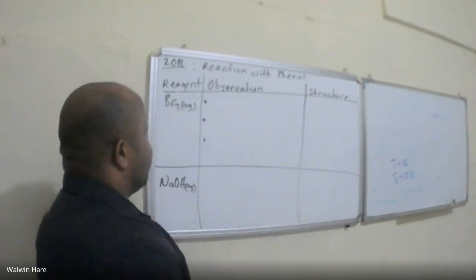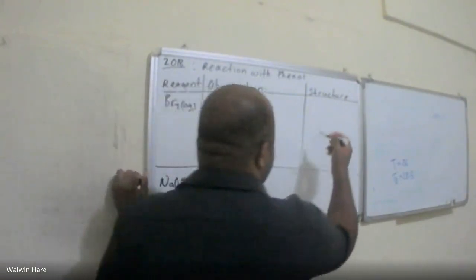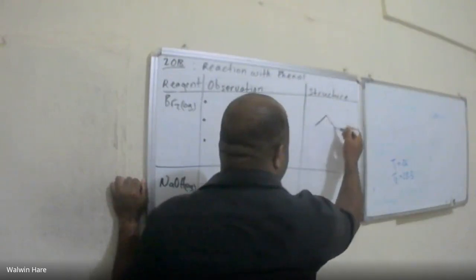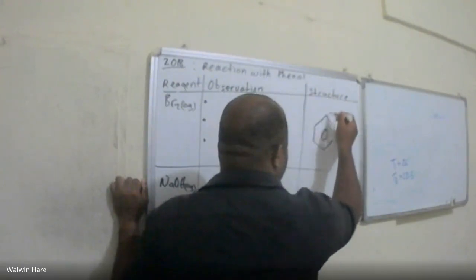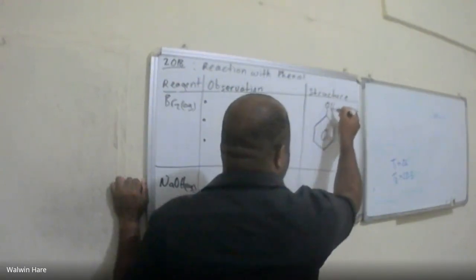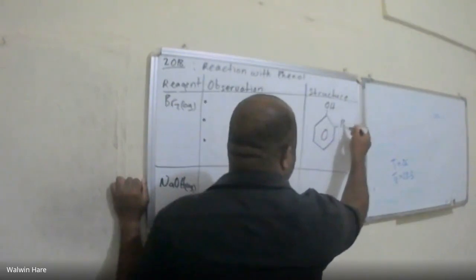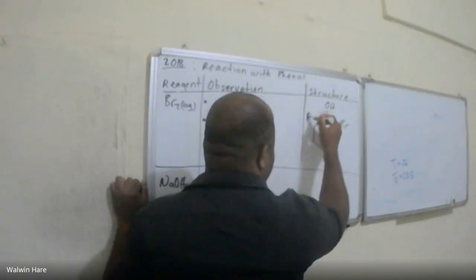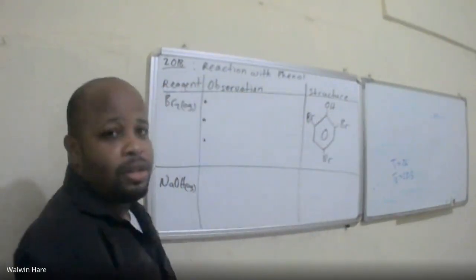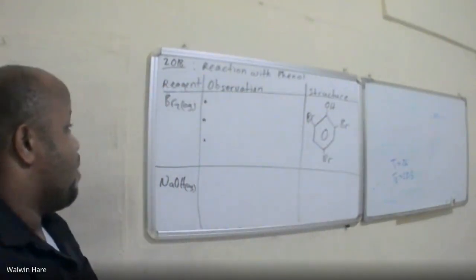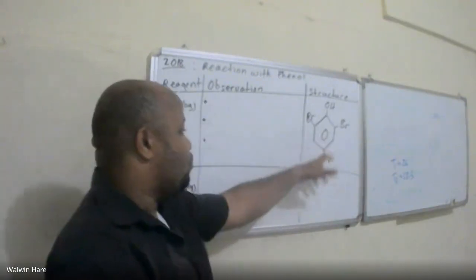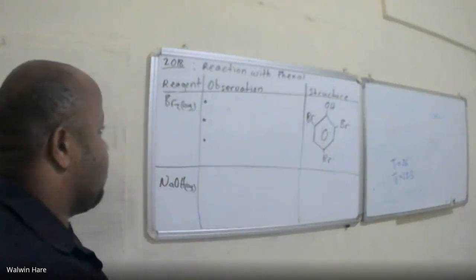All right, so when bromine reacts with phenol, over here we should have the expected structure. We're going to get the product 2,4,6 tribromophenol. So whenever you have aqueous bromine with phenol, you will get 2,4,6 tribromophenol.